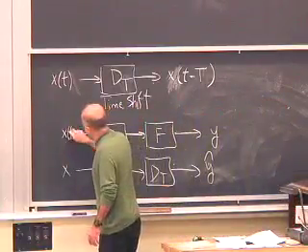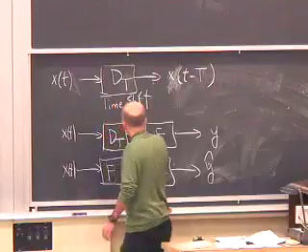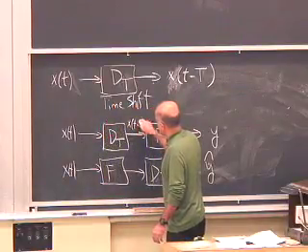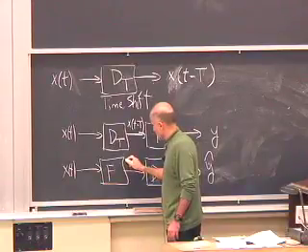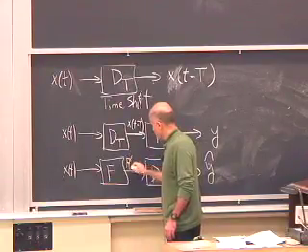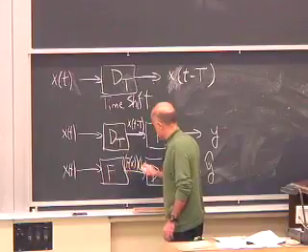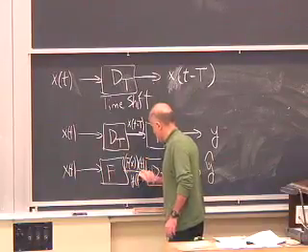So if I have x of t here, this will be x of t minus capital T. This will be f of x as a function of time, which is y of t.